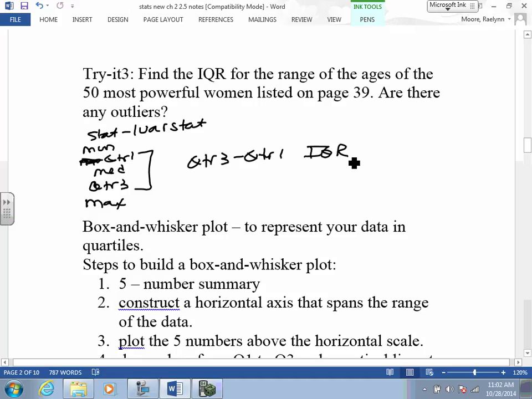And then what do we have to do first? Multiply it by 1.5. Okay. And then add and subtract. For quartile 1, do I add it or subtract? I want to go the opposite way. I want to go down there. Subtract your IQR times 1.5.